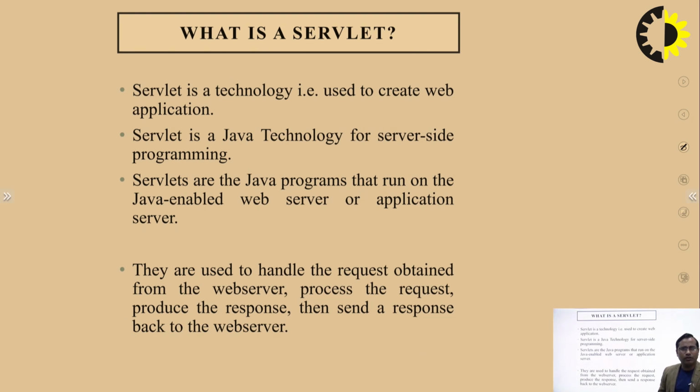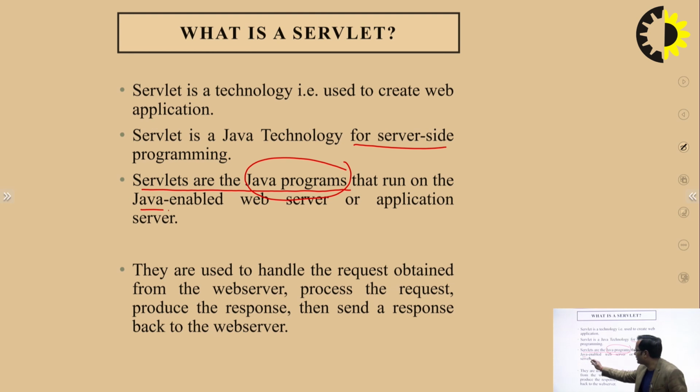So servlet technology is basically used to create web applications, particularly dynamic web applications. Servlet is a Java technology for server-side programming. So what are servlets? Servlets are basically Java programs that run on a Java enabled web server.